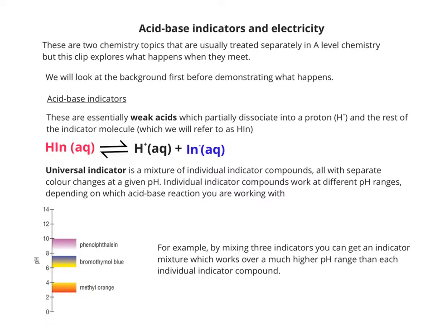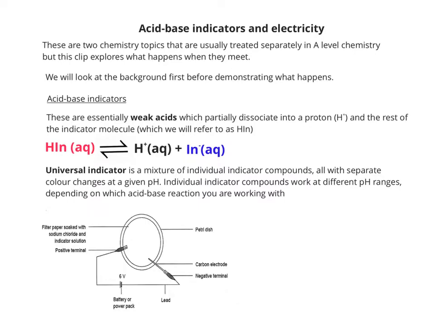So mixing these three together would give you a sort of universal version that could work from pH 3 or pH 2.5, for example, all the way up to pH 10. So universal indicator is a commonly used mixture of indicator compounds just to give us a quick estimate of what the pH of our mixture is that we're working with.